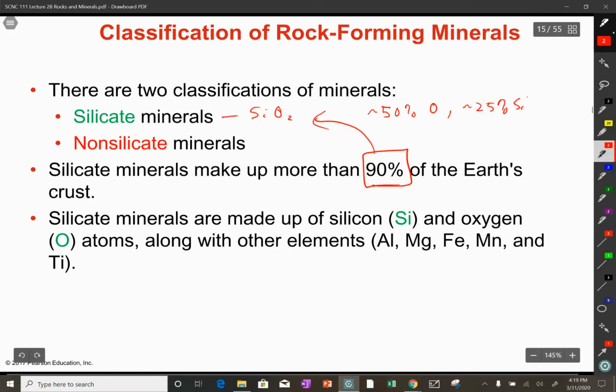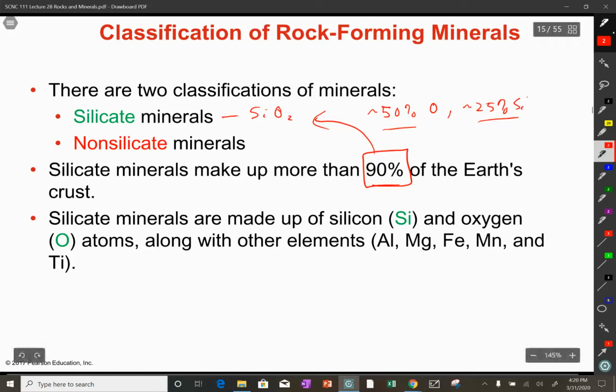It was actually 47-ish and 27. But if we note here, silicon dioxide, you have one of these for every 2 of those. That makes very, very good sense that those are the 2 dominant elements in the crust if the minerals in the crust are 90% silicate.